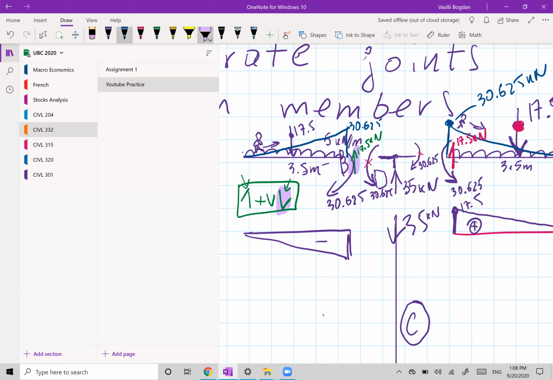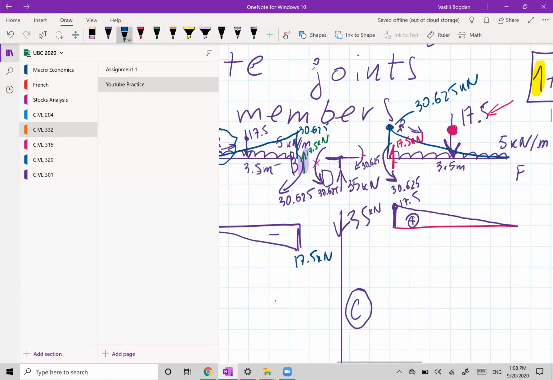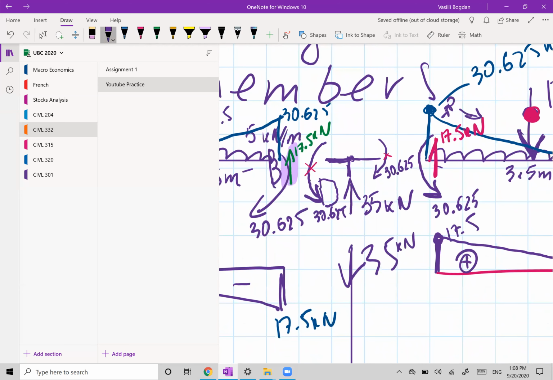That's why I'm going negative. And this is my 17.5 kilonewtons. Okay. And I think that's it. Yeah, that's all we need to do. And you can do this guy as well. This guy is a shortcut. Okay, going uphill, it's negative. And well, now let's just finish it off.